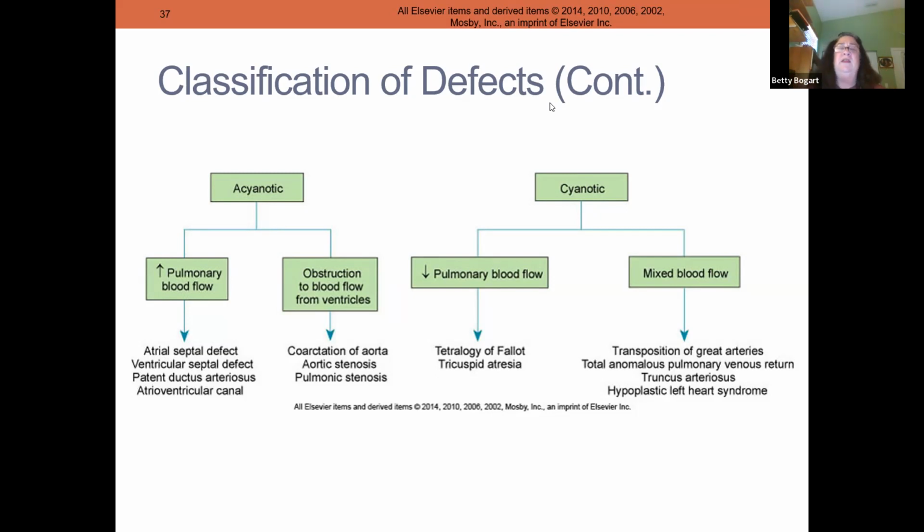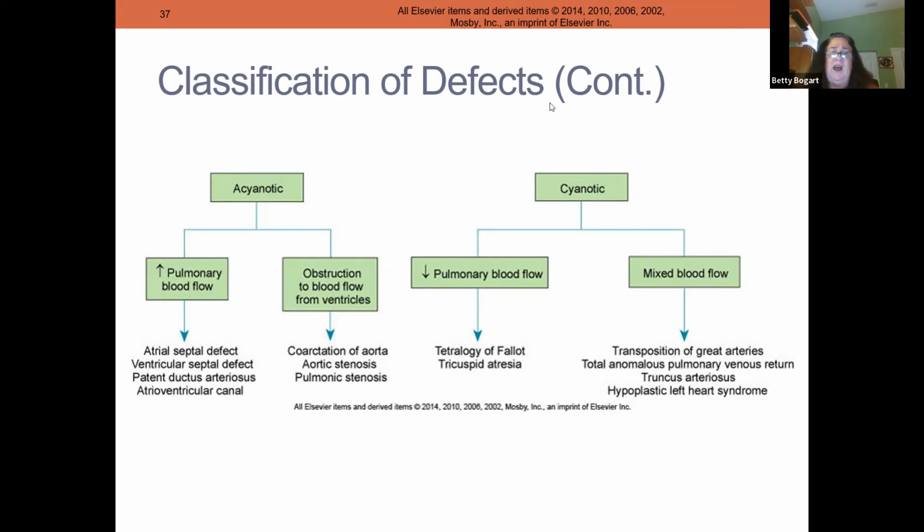The other thing that can happen with decreased blood flow is called tetralogy of Fallot. This is the diagnosis that HESI and NCLEX love to pick on. The tetralogy of Fallot is all right-sided things. And what happens is, ever hear of a tet spell, a blue baby, a blue spell?